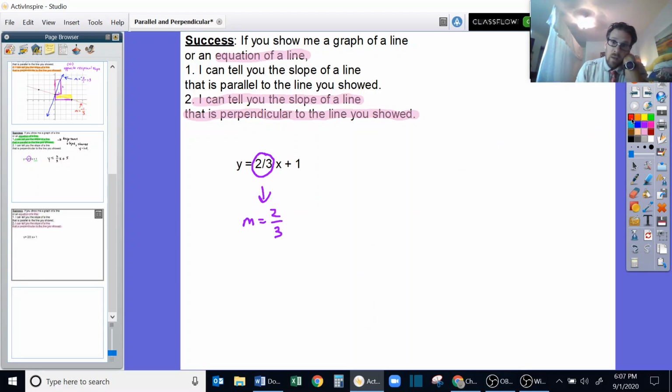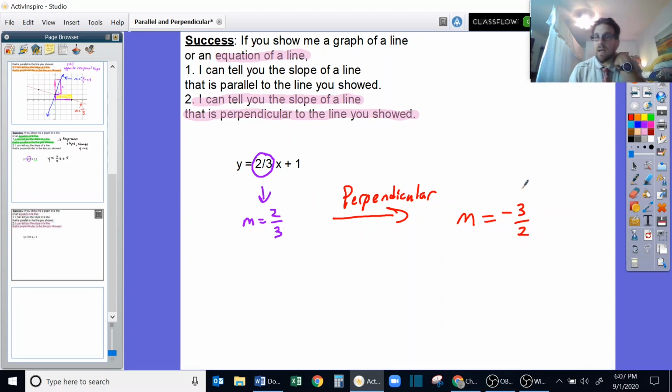And if I want the perpendicular, then I want to do the opposite. So this was positive. I'm going to do the opposite sign, negative, and then the reciprocal. I'm going to flip this fraction, 3/2. I guess technically I could say that's 1.5.